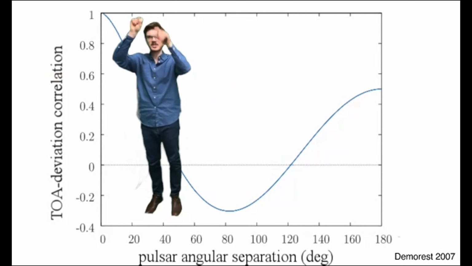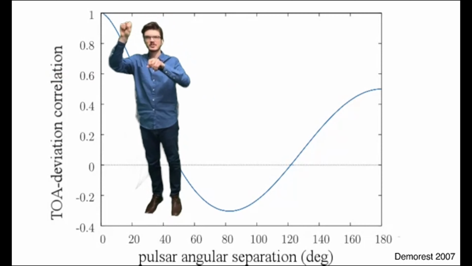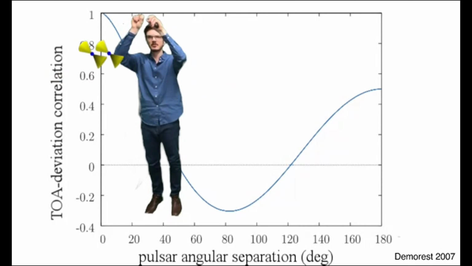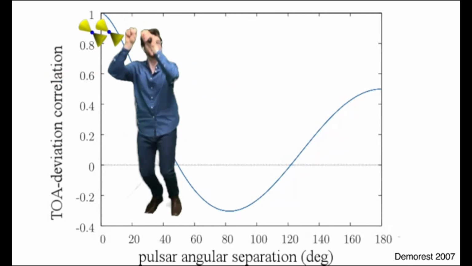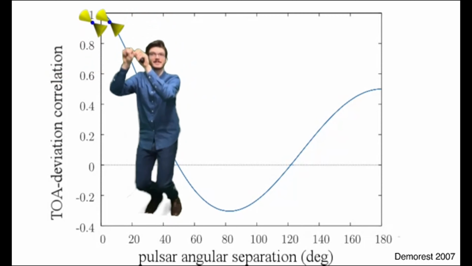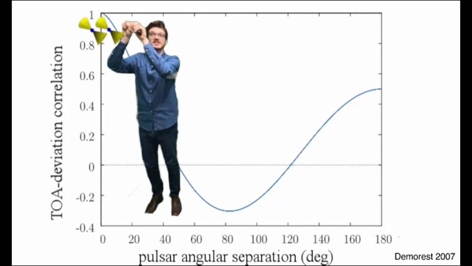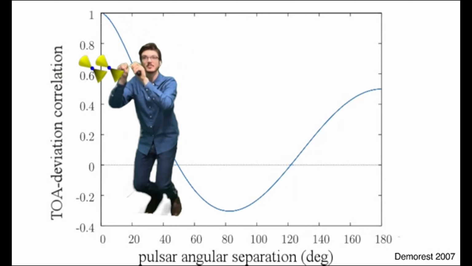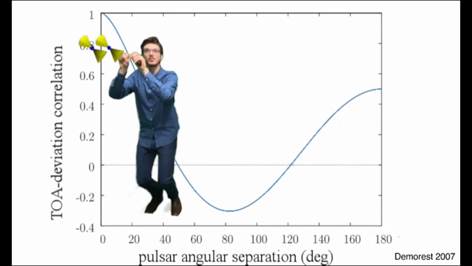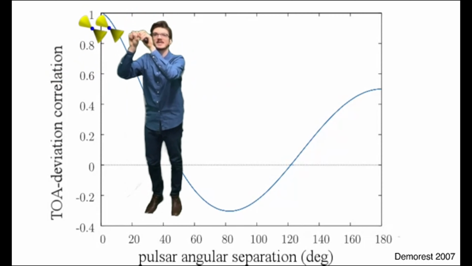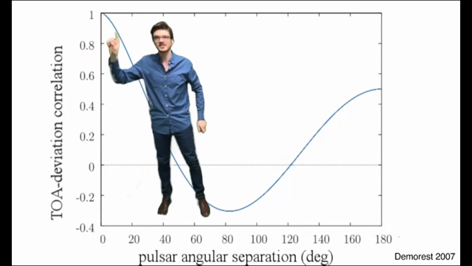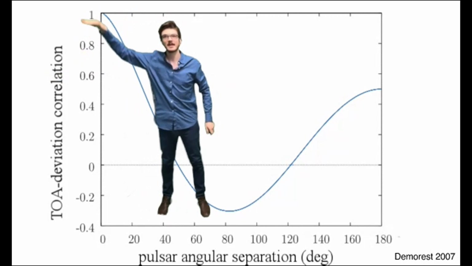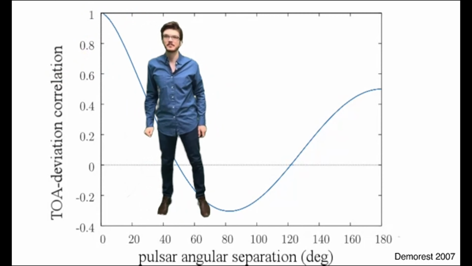When a gravitational wave passes in the forward-back direction, how would they move? They would move like this. They would move in the same way due to a passing gravitational wave, and their pulse times of arrival would change in the same way. So we would say they are highly correlated, and this graph is at a maximum.